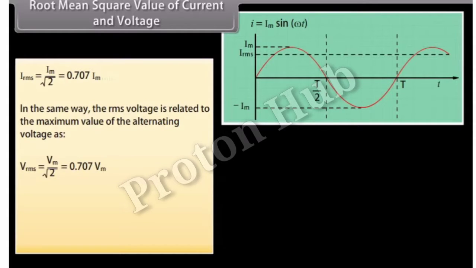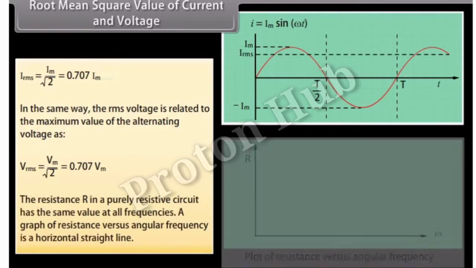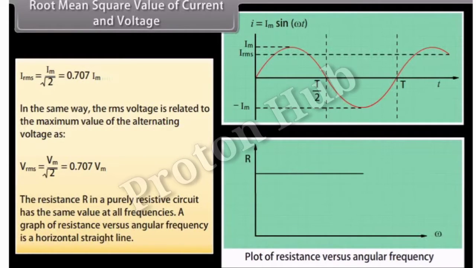VRMS = Vm/√2, which is equal to 0.707 Vm. The resistance R in a purely resistive circuit has the same value at all frequencies. A graph of resistance versus angular frequency is a horizontal straight line.